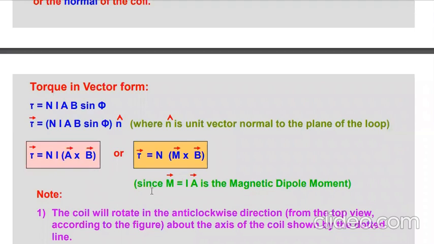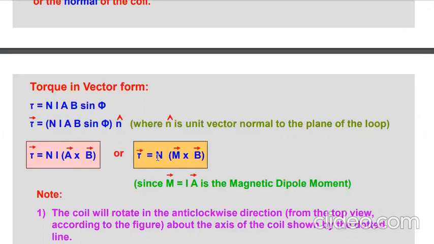And this vector will be the magnetic dipole moment, because in the previous section we discussed that a current carrying loop acts as a bar magnet, with one face as the north pole and the other face as the south pole. So it acts as a magnetic dipole, and its dipole moment is just equal to the product of current and area of the loop. So that is M equal to I into A. So this is nothing but the magnetic dipole moment.